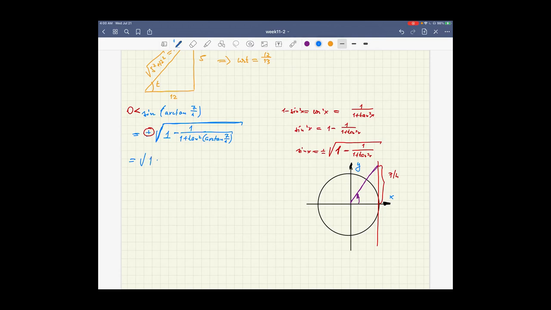So it's 1 minus 1 over 1 plus 7 over 4 squared. That's 49 over 16. 49 plus 16 is 65.